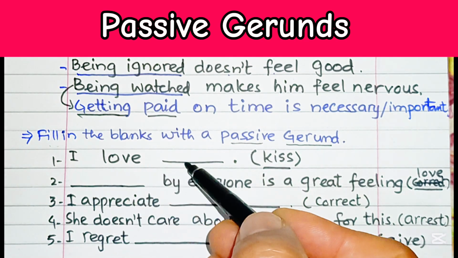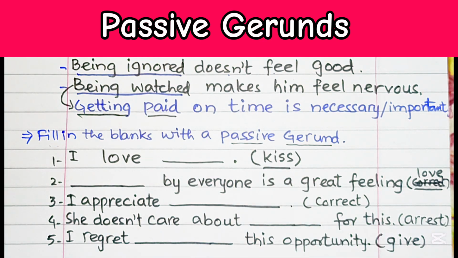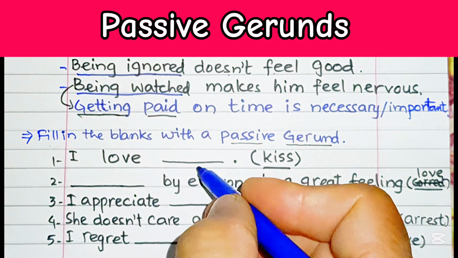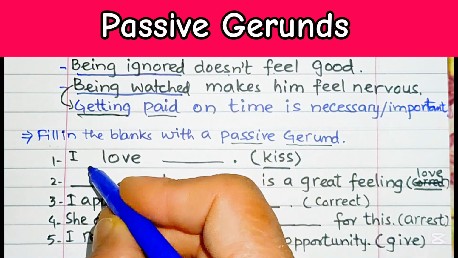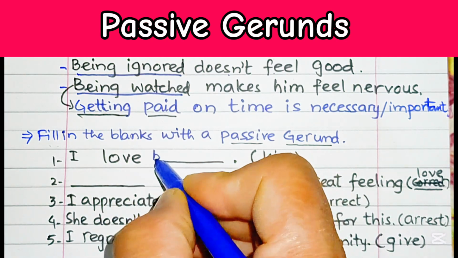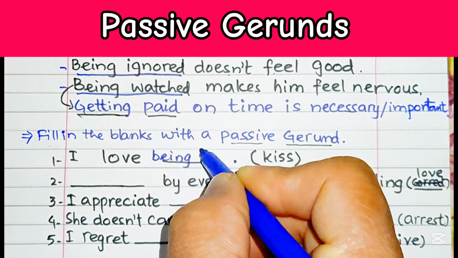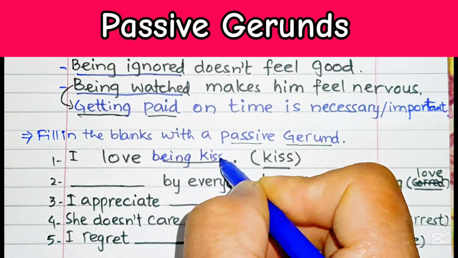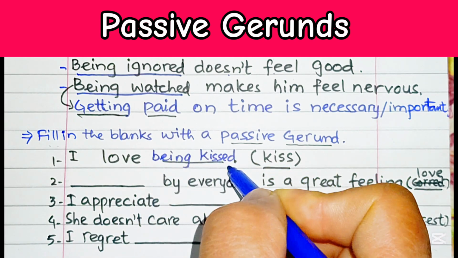I love blank, and then we have a clue, kiss. So this is a verb that is to be used in order to make a passive gerund. I love, then we can use being, and then the past participle form of kiss is kissed. So I love being kissed.